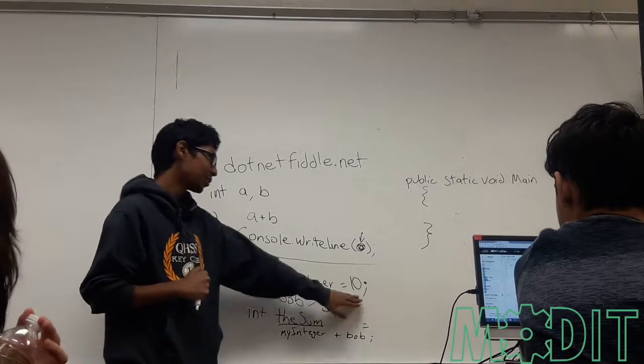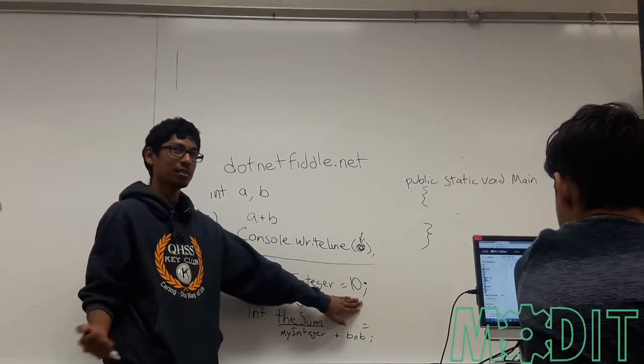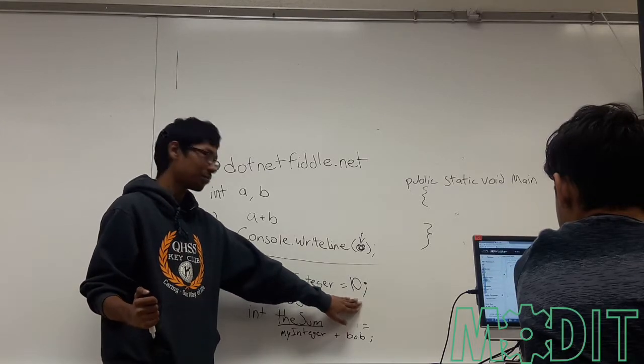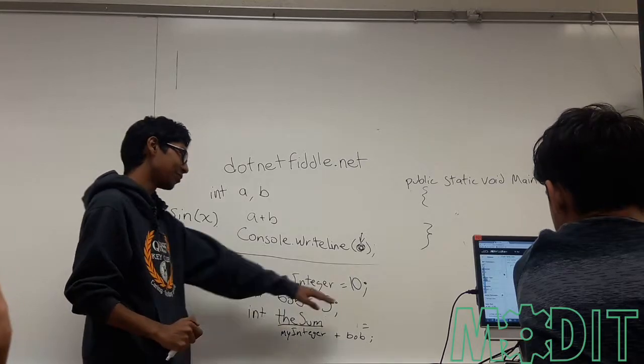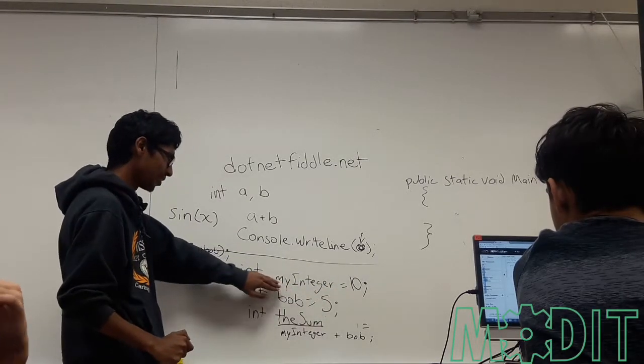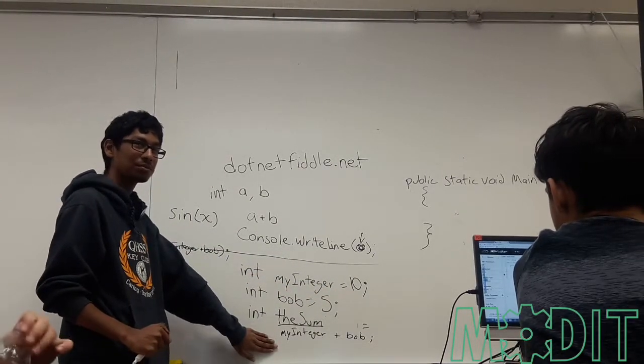If this number was coming from, say, a file, then I wouldn't have to recompile my program every single time. It would read the file, store that into this number, and then add the two.